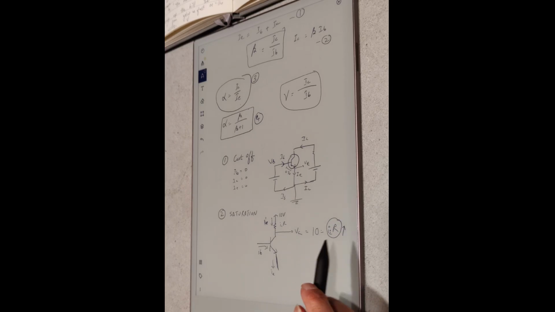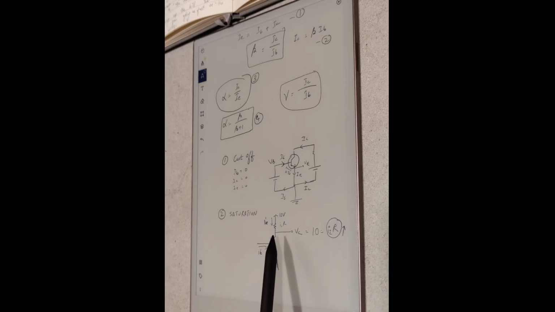But at some point, if you keep increasing IB, the demand for this drop is going to be more than the supply voltage, which is not possible. So when that happens, you're going to have saturation, which means IC no longer increases. It becomes like a flat line.